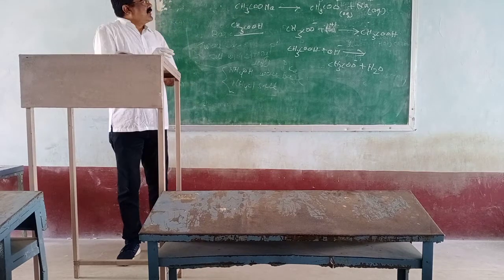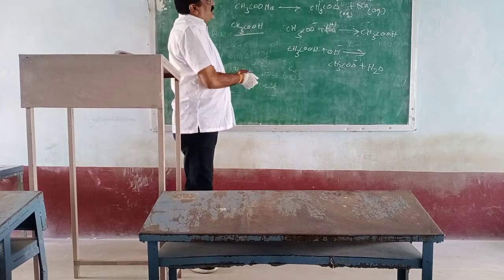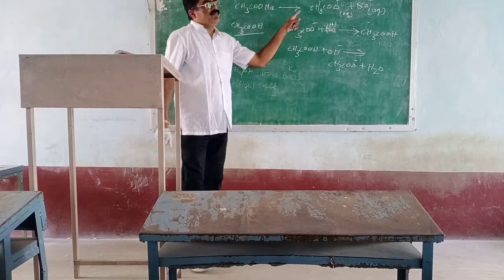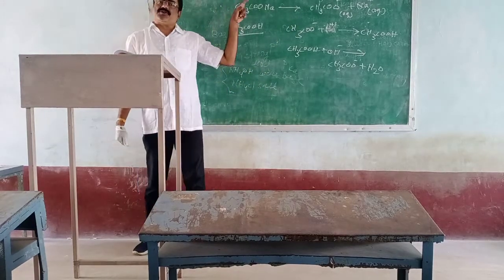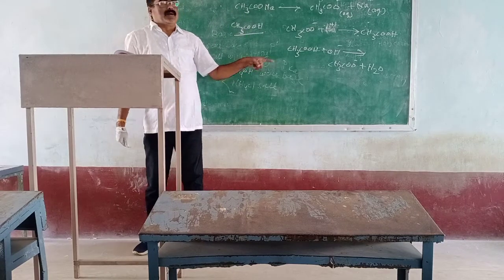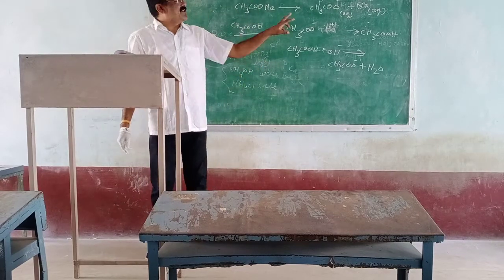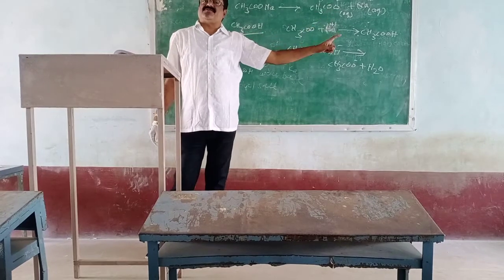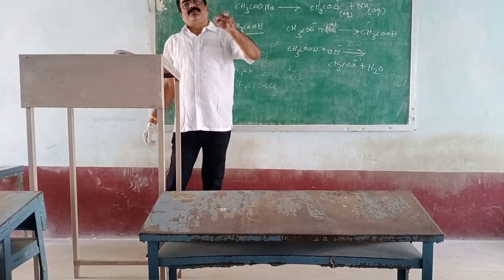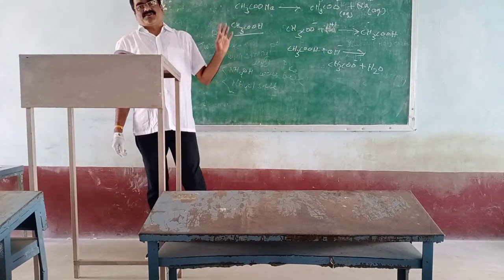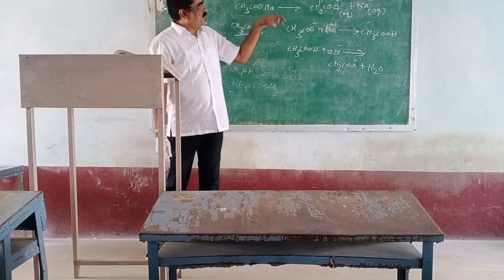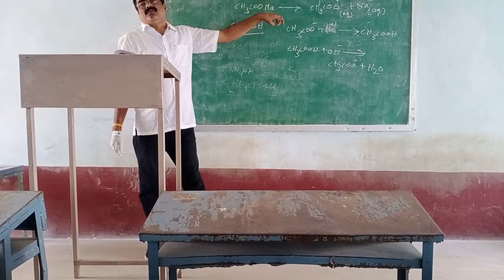It means the concentrations of the H plus ions and the OH minus ions don't change, hence the pH of the solution doesn't change. Such an action takes place in the case of a buffer.